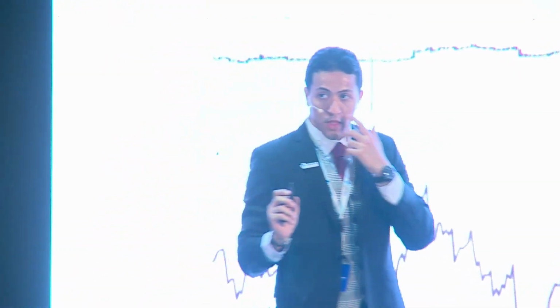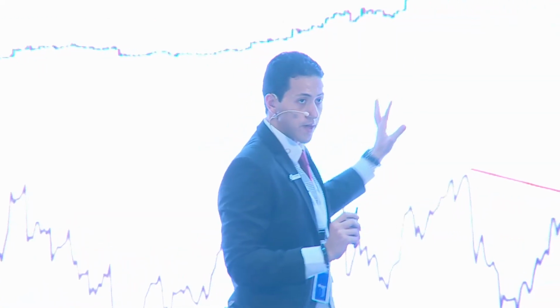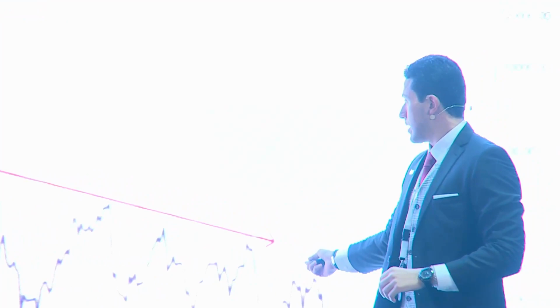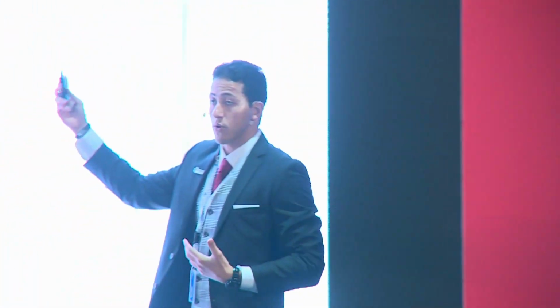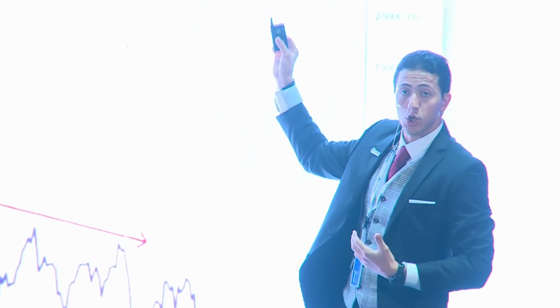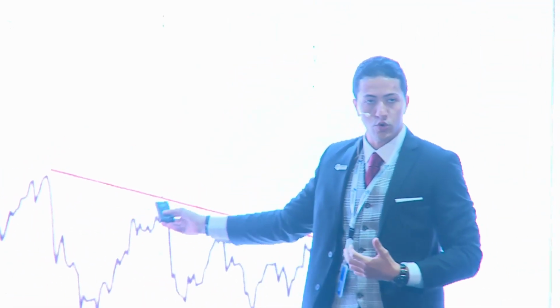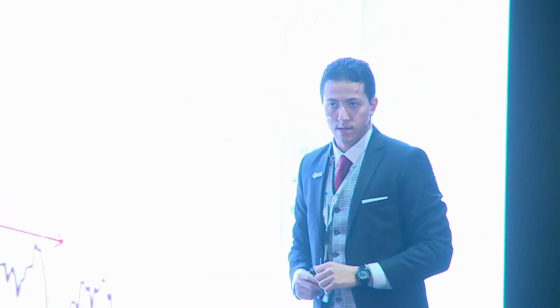Almost 95% of the time, when prices are moving in a direction with weak momentum, you will have a negative or bearish divergence. What is the bearish divergence? Bearish divergence is when prices are making new higher highs, but the indicator is making lower highs.